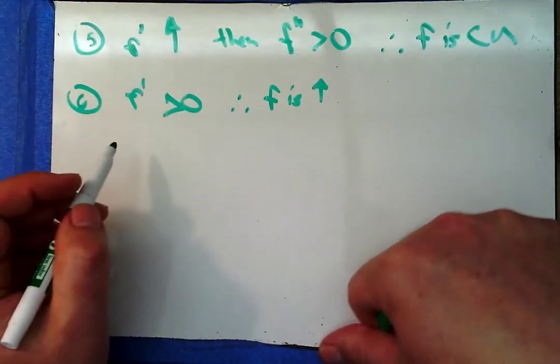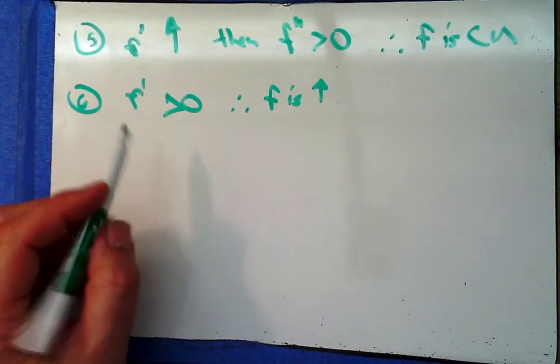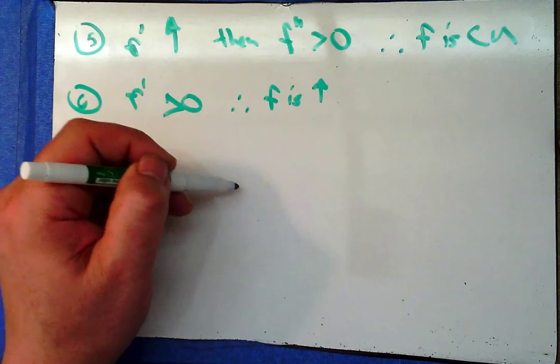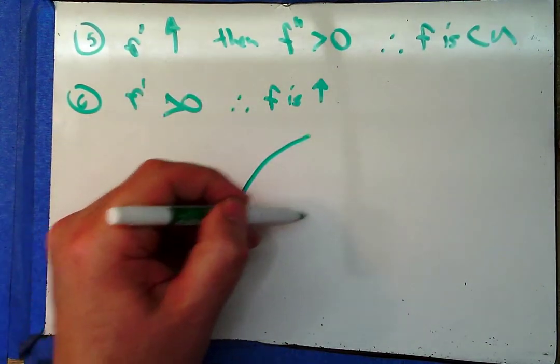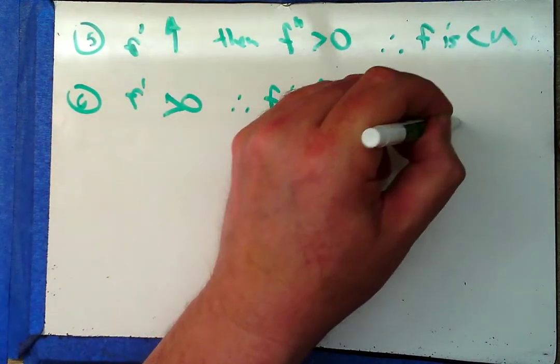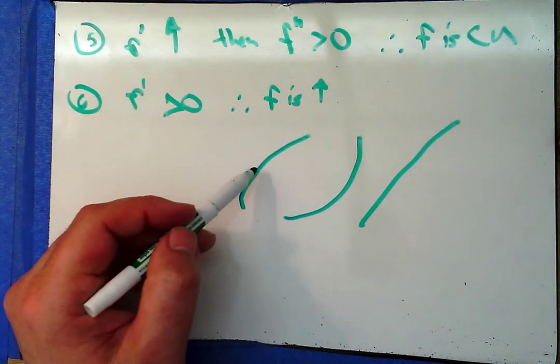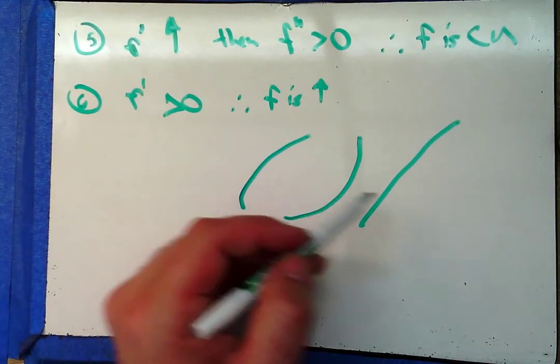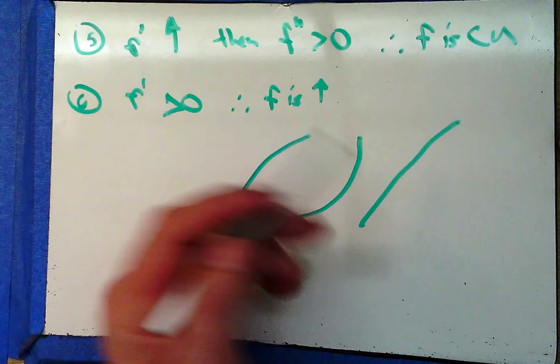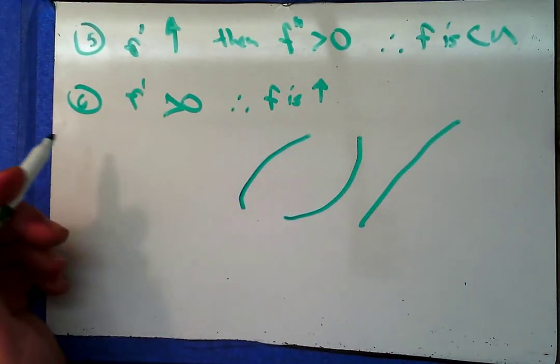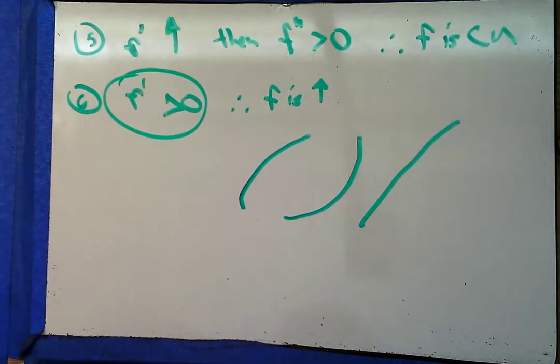Nope, I don't know anything about f double prime just because f is increasing. Here, f is increasing, f is increasing, f is increasing. F double prime is negative, f double prime is positive, f double prime is 0. I can't say anything about f double prime just because I know f prime is greater than 0.